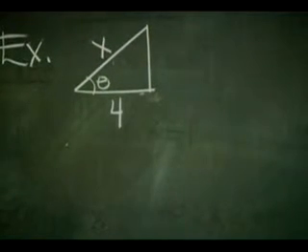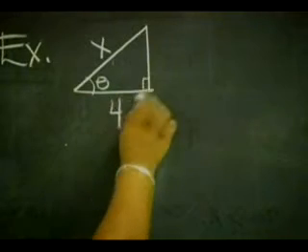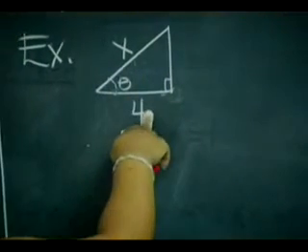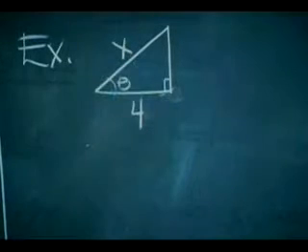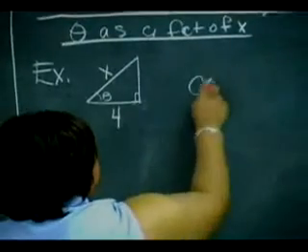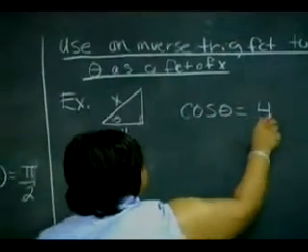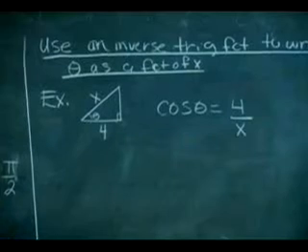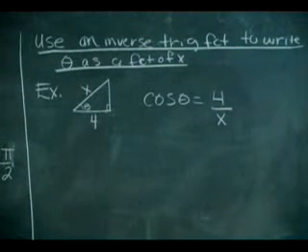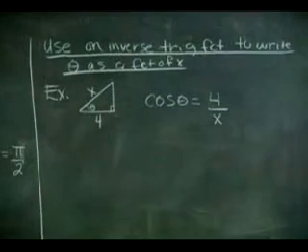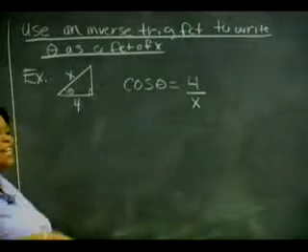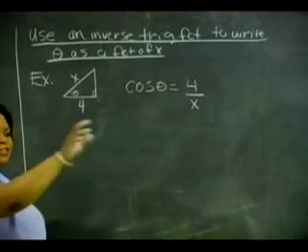Okay? Now, by what I have here, this is a right triangle. With respect to theta, I'm given the adjacent side, and I'm given the hypotenuse. So what do I know about adjacent and hypotenuse? Cosine theta is adjacent over hypotenuse, right? And what they want us to get is theta equals something where that something contains an x.